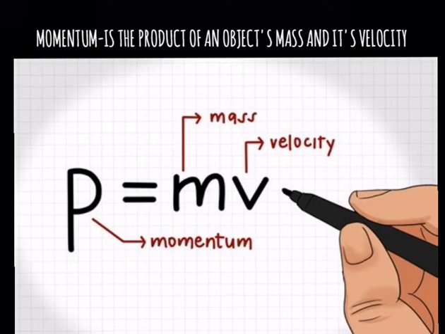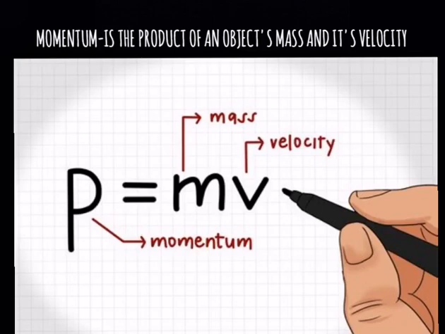Now we'll do examples which require you to calculate momentum. When an object moves, it tells us that there is a velocity of that object, and that moving object has mass. It means that you multiply its mass with its velocity to get the momentum.